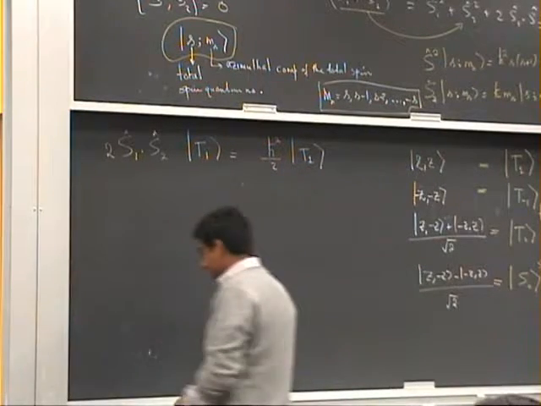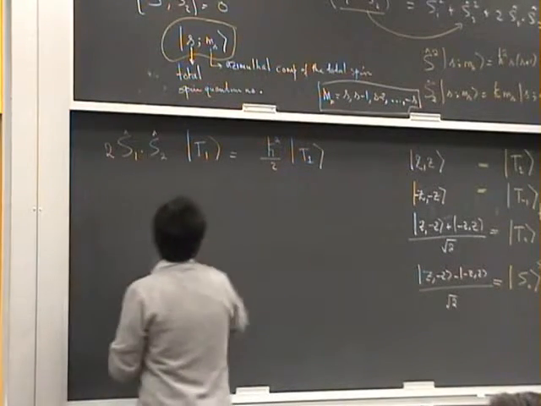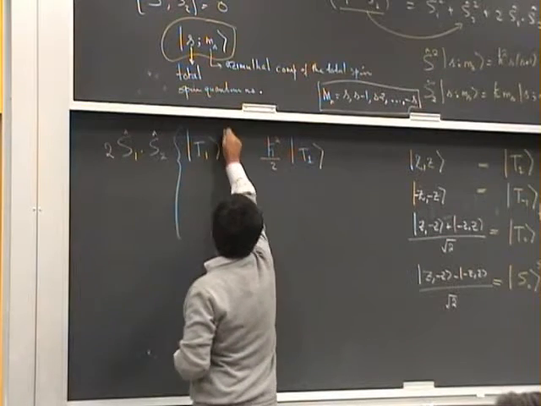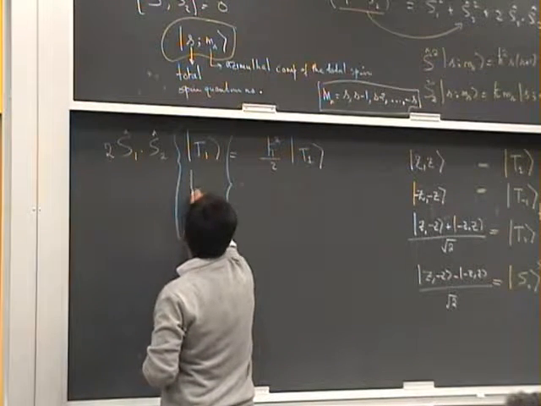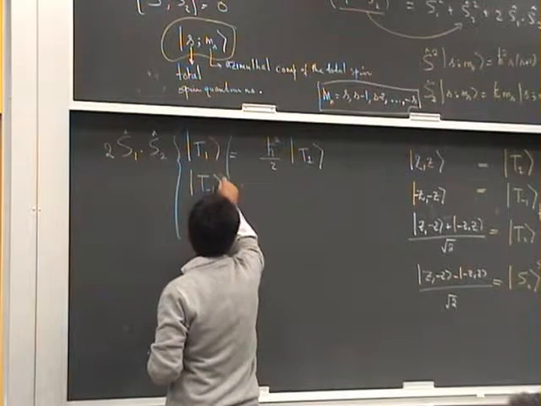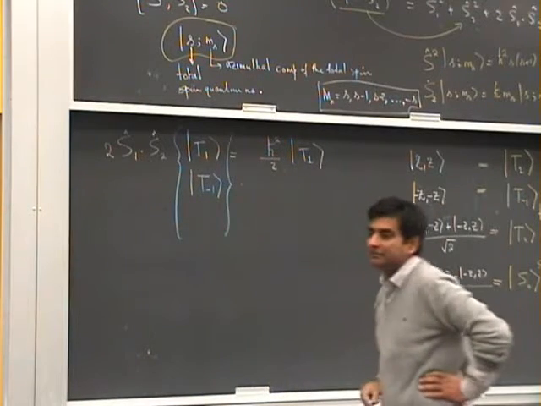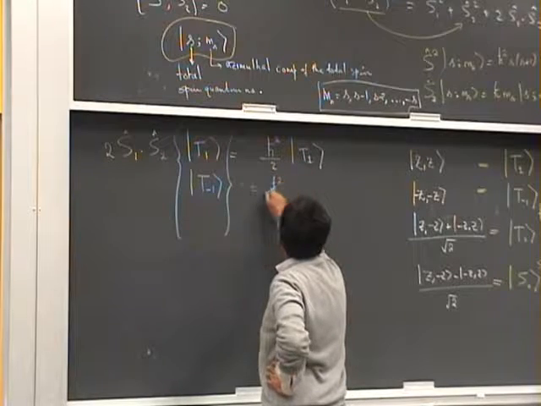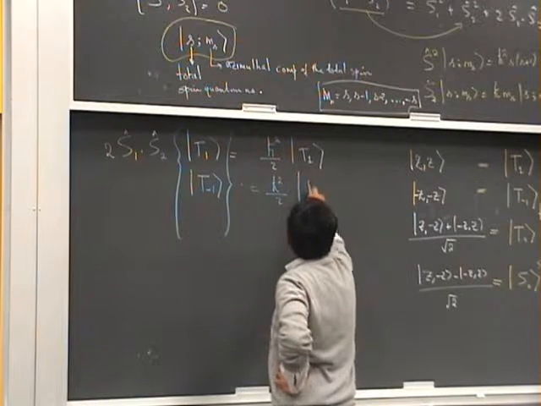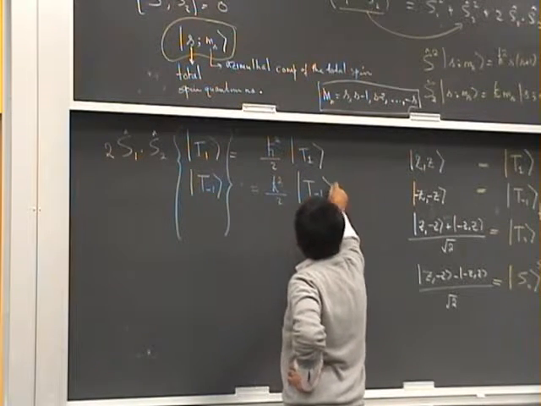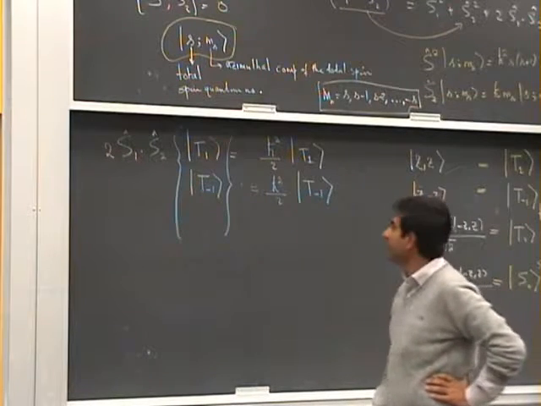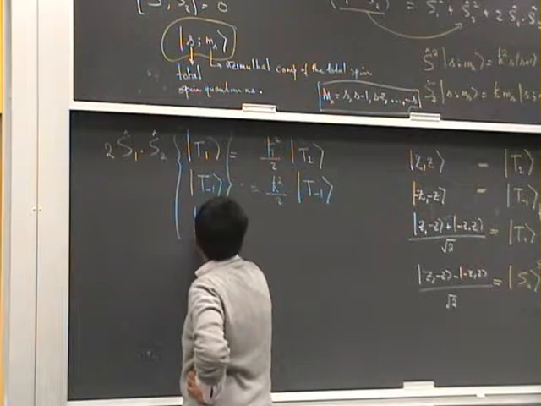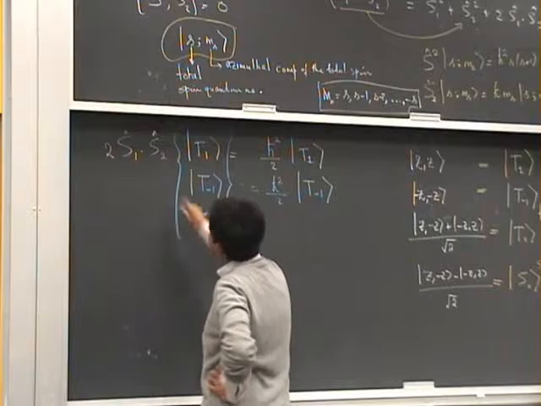If 2 S1 dotted with S2 acts on T minus 1, I will still get h bar square over 2 times T minus 1. If it acts on T naught, it's again an eigenstate.